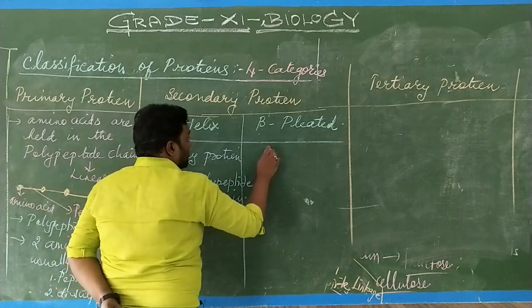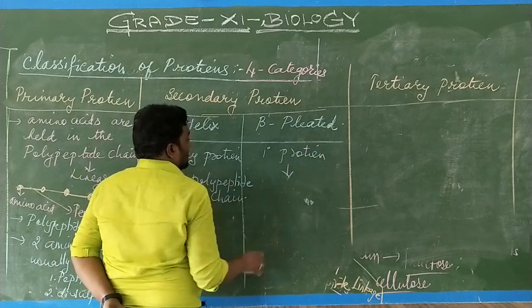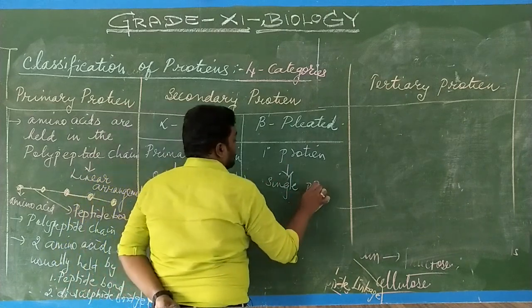இங்கேயும் same primary protein which has a single polypeptide chain. அதான் ரொம்ப முக்கியம். Single polypeptide.